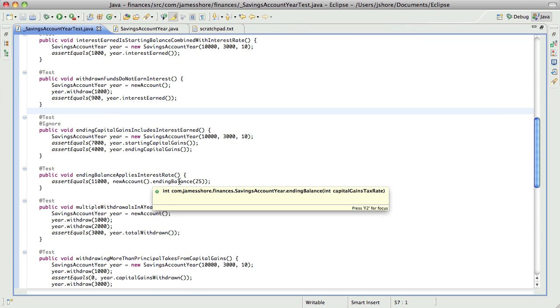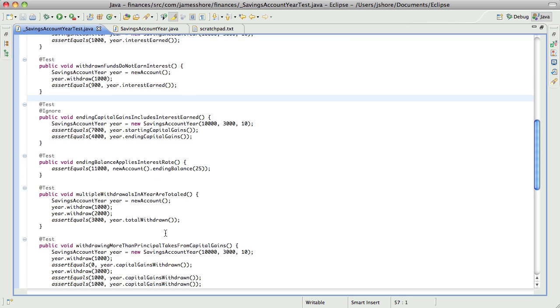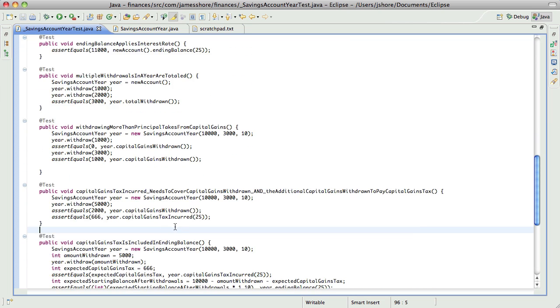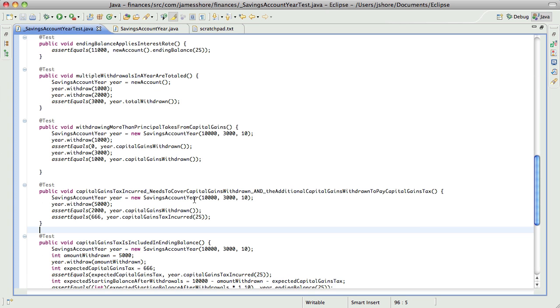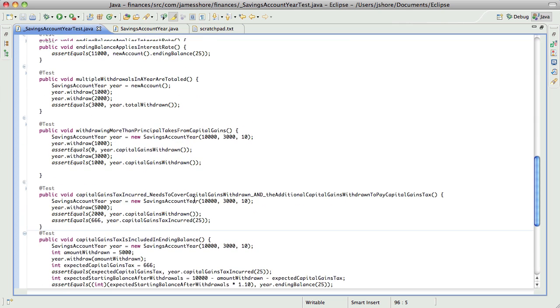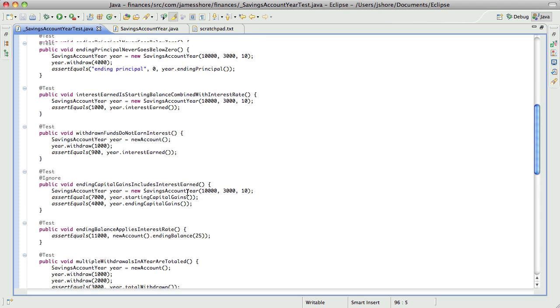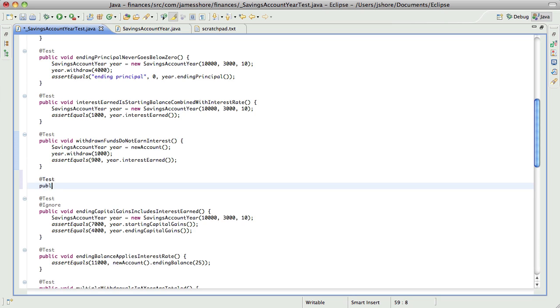So let's say that our, yeah, how do we want to deal with this? Interest earned. I think what we want to say is withdrawn funds do not earn interest, public void, and we'll also say that capital gains taxes do not earn interest.